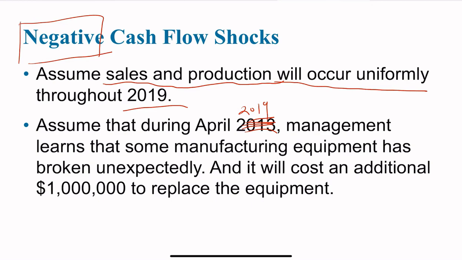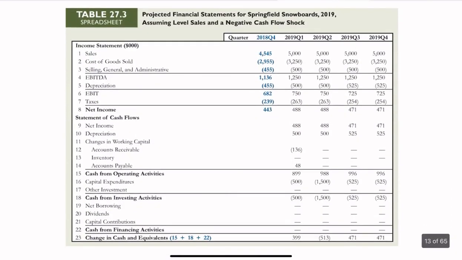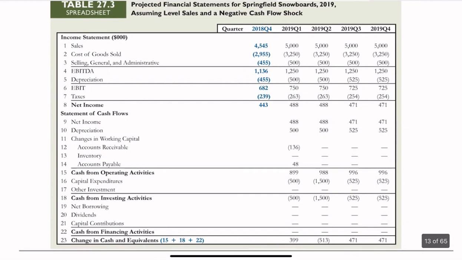So the firm needs to spend $1 million to replace the broken equipment. So this is a negative cash flow shock, right? Because there is this $1 million capital expenditure. And we know that CapEx will reduce a firm's cash flow.